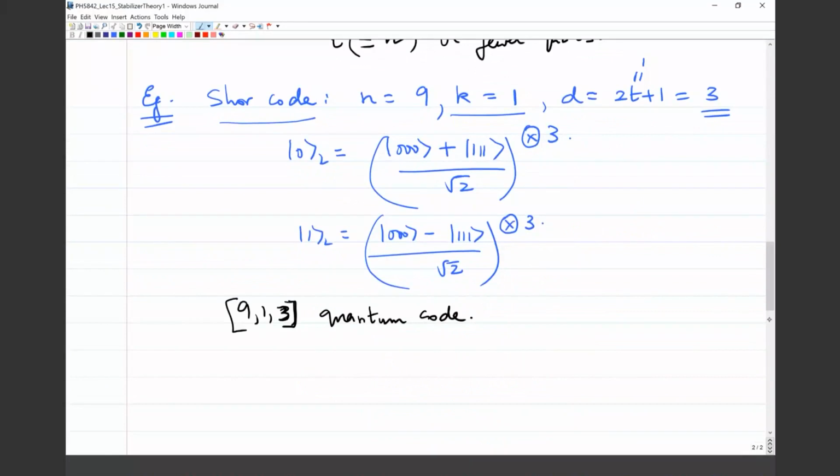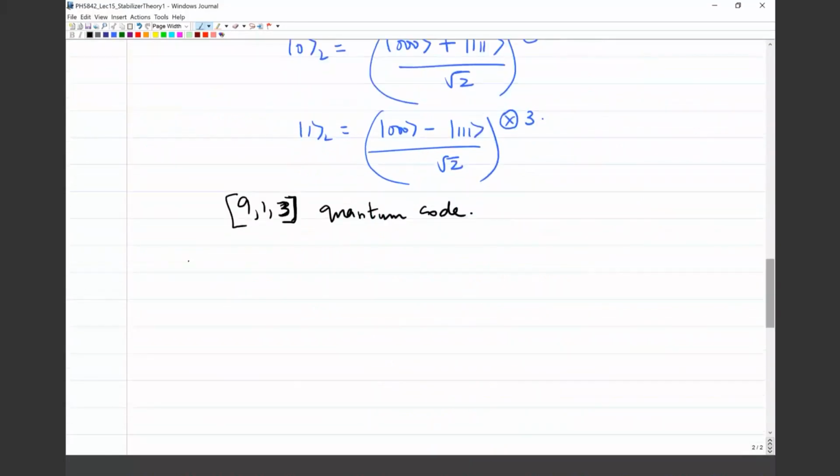One can also try to do this exercise, let's say just for the 3 qubit repetition code. But it actually does not make sense to talk about a general set of code parameters for this. Why is that? What is different between the 3 qubit and the 9 qubit?